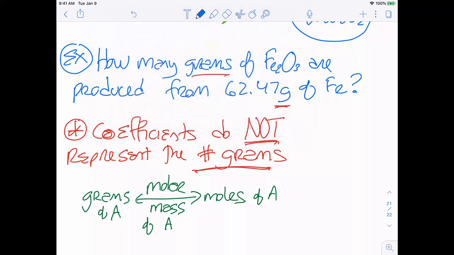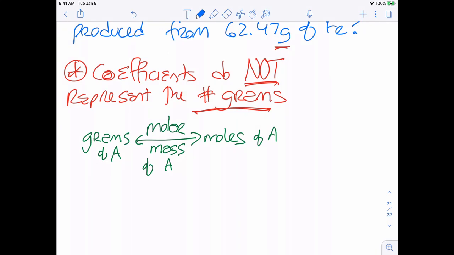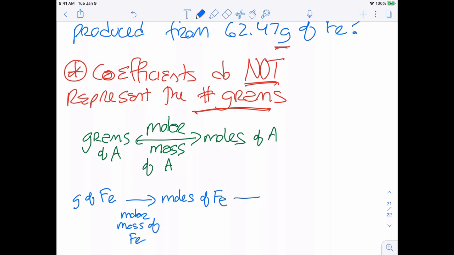So let's write out our little plan. We're starting out with grams of iron, and I'm going to need to convert it to moles of iron. To do that, we will use the molar mass of iron. Once I have moles of iron, this is where I can use my coefficients to convert to moles of iron 3 oxide. Oh, sorry.